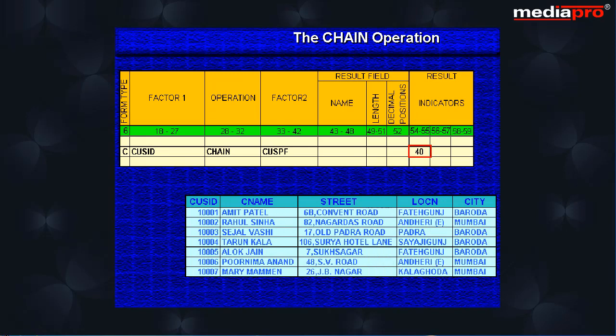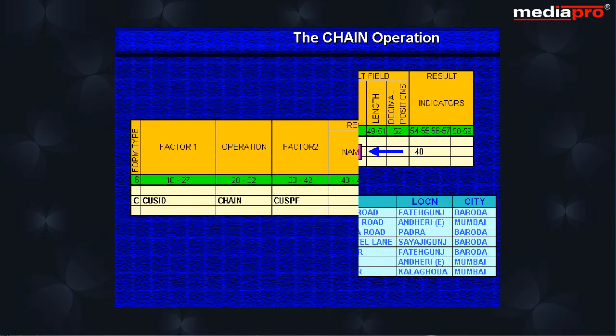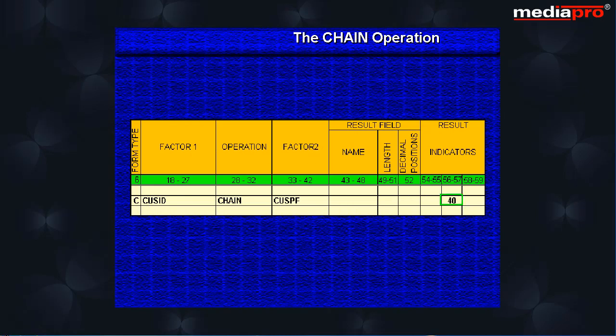An indicator is required in positions 54, 55. It is set to 1 if the CHAIN operation is unsuccessful, that is, if the records in the file do not have a key value that matches the entry in factor 1. Also, an indicator can be coded in positions 56, 57 to signal any error.